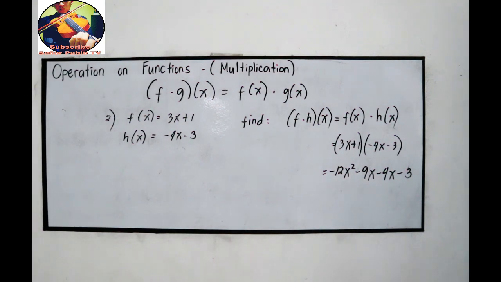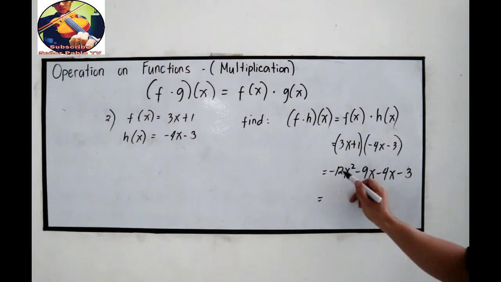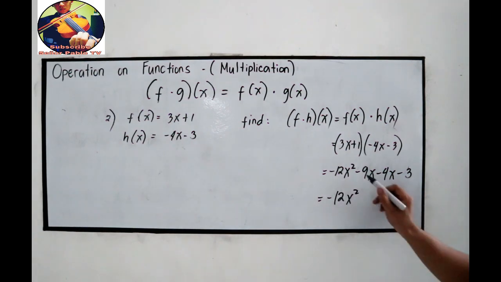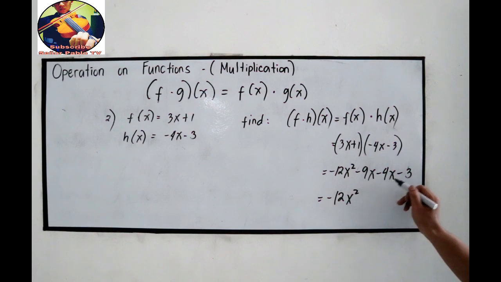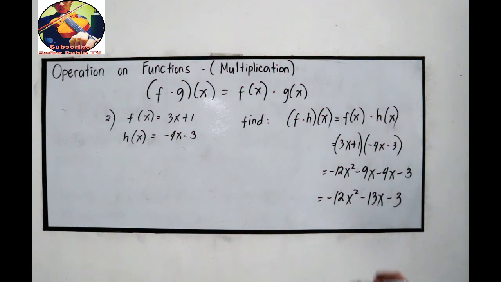After multiplying, combine like terms. So, ito lang i-square natin. So, just copy negative 12x squared. Negative 9x minus 4x, negative 13x. Then just copy negative 3.